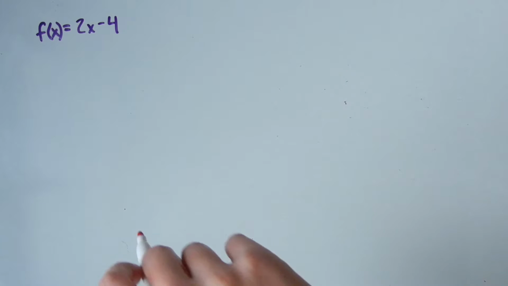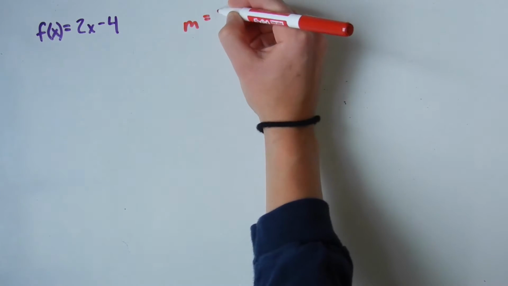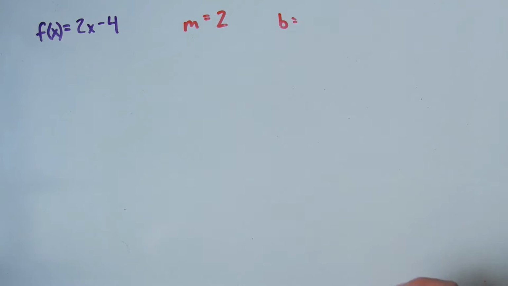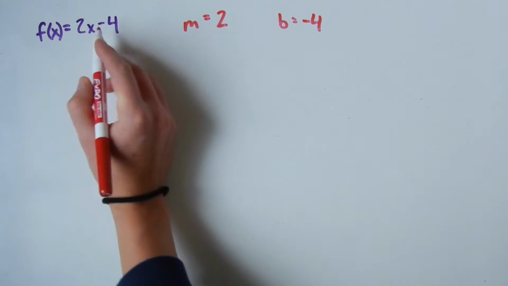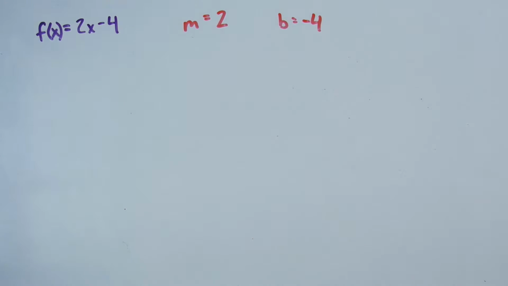So from slope-intercept form, we know that our m, or our slope, is positive 2, and we know our b, or our y-intercept, is negative 4, because this is minus 4, which is the same as adding a negative.